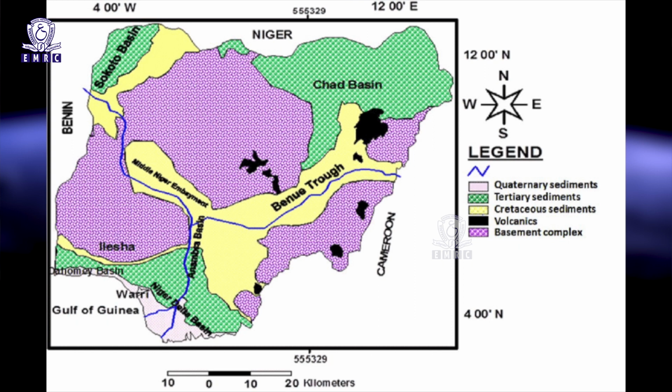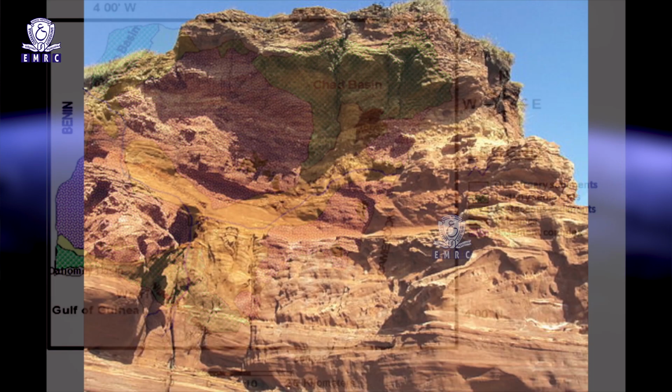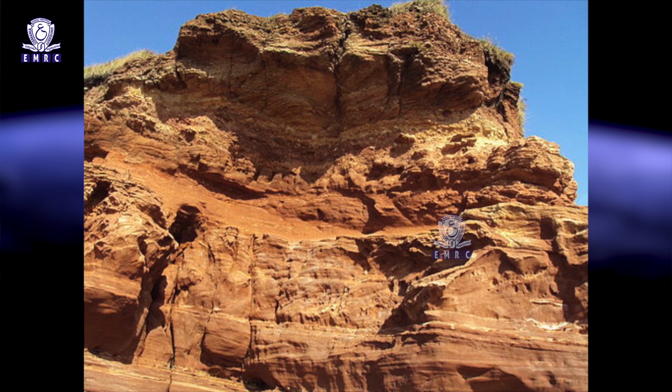The shield areas are also called basement complex, since the rocks formed in the subsequent era overlie the primary rocks. In India, the distribution of rocks of the Archean era is found in the Eastern Ghats and in peninsular India.